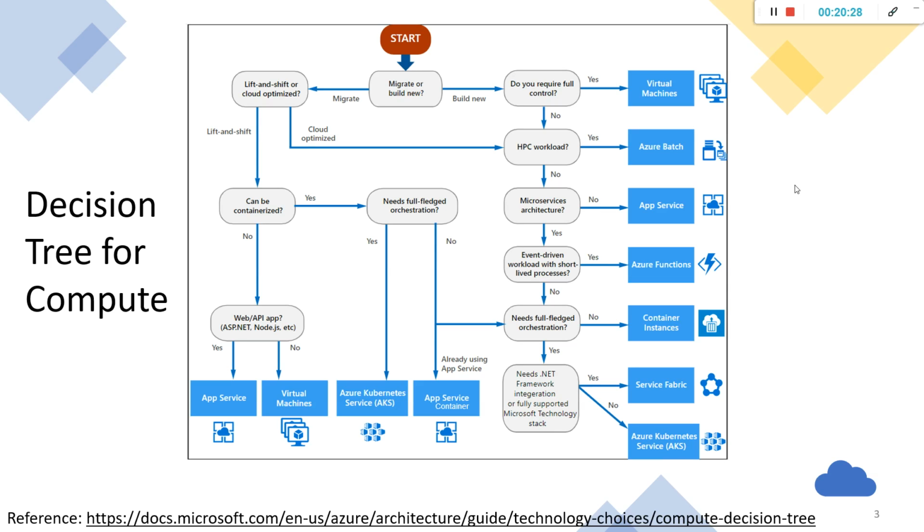This is the flow, or conditional requirement. Based on the requirement, we can choose the particular Azure service. It is not always that we need Azure Kubernetes. Suppose our code does not support the microservices architecture, then it is not good to go to Azure Kubernetes or Service Fabric.